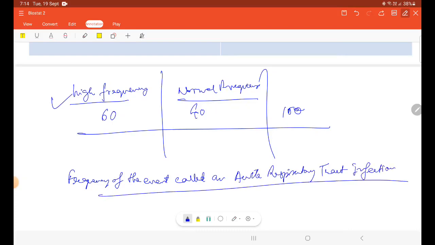So the frequency of such occurrence is counted and it is mentioned in this frequency distribution table, where we can find at a glance how many children there are, 100 children, out of which 60 having high frequency, 40 having low frequency. High frequency we understand as more than 5 episodes in a year, low frequency as less than or equal to 5 episodes of upper respiratory tract infection in a year. So that is how we measure it. Okay.